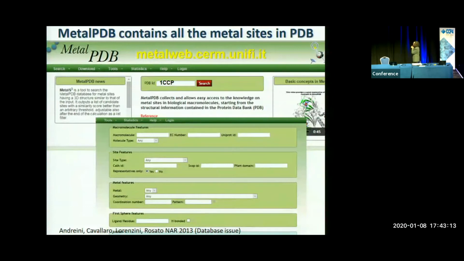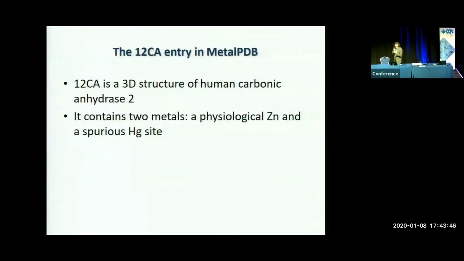And the Metal PDB website can be queried, let's say, Google style, just by typing in the PDB code of the structure you are interested in, or in a more complicated way with this advanced search table that allows you to browse by protein name, by enzymatic activity, by metal, of course, and so on and so forth. So we'll just have a couple of examples to give you an idea of what it looks like.